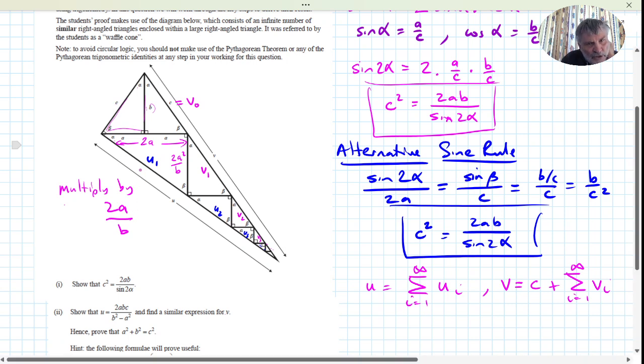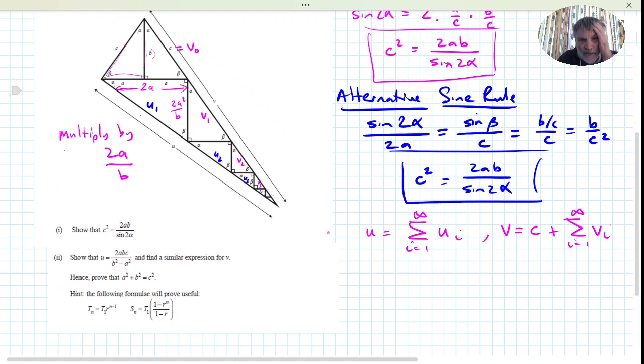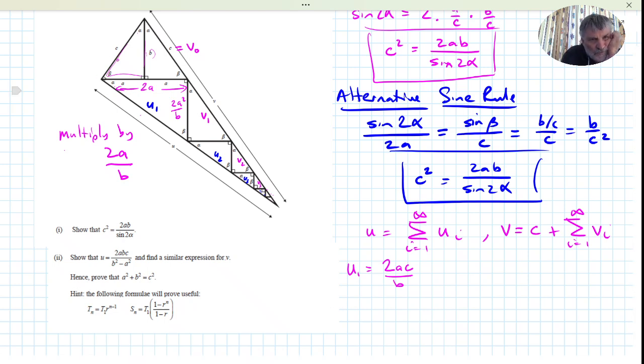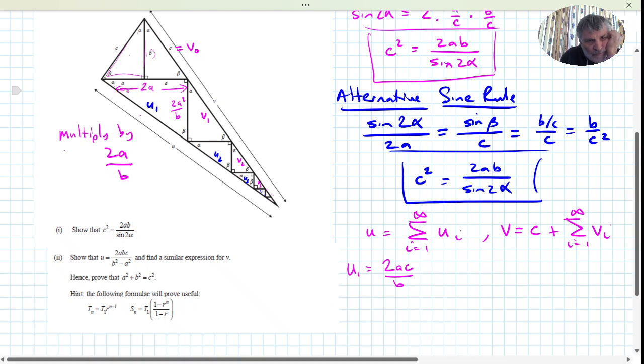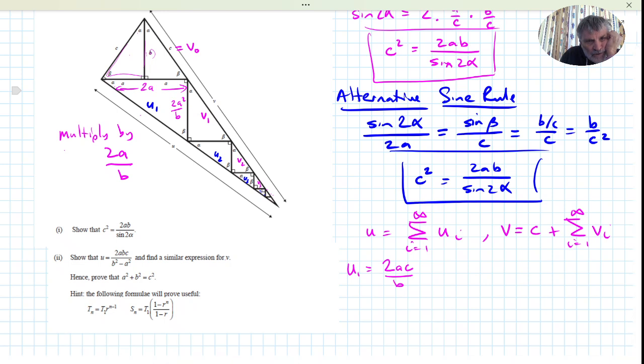So u1, let's write it down the bottom. That's what we're going to add up. u1 is 2ac divided by b. So we're going from this small triangle at the top to this bigger triangle below, and we looked at the ratio of the sides.